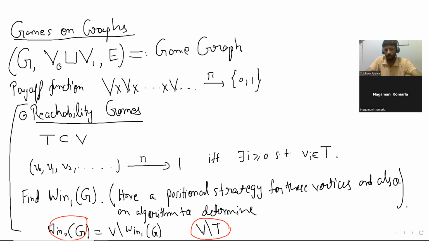If there is a vertex which is in win0g, then player 0 has a strategy using which he will always remain in V minus T. By definition, he will never let the game reach T, but that just means he always remains in V minus T. Yes, sir.